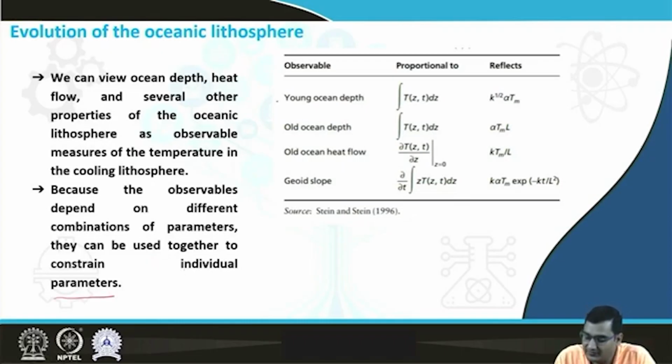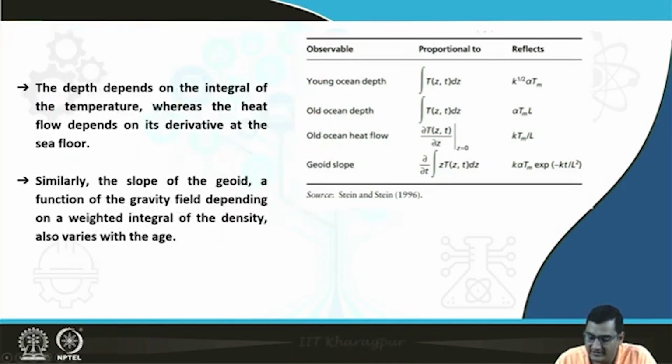So these are the observables: young ocean depth, old ocean heat flow, and geoid slope. Basically, the geoid is a function of the gravity field that depends on the weighted integral of the density, and it also varies with age.